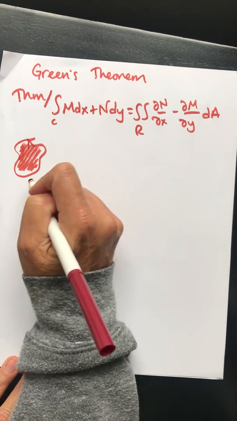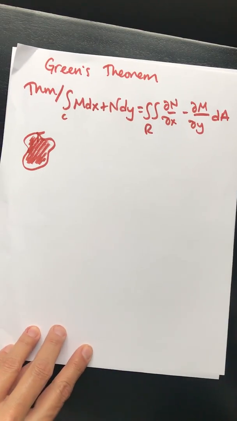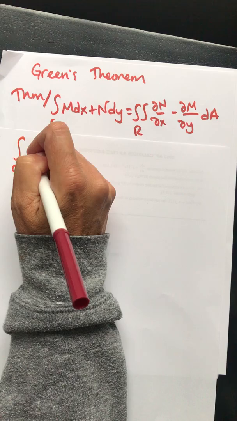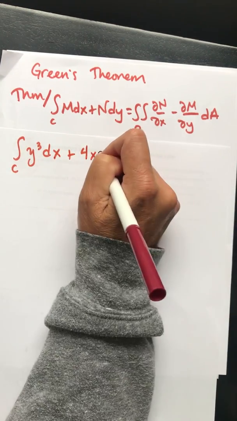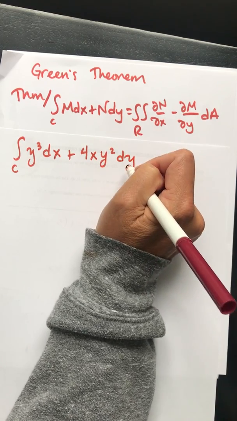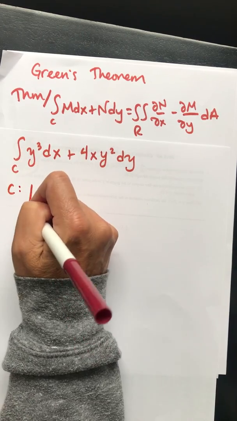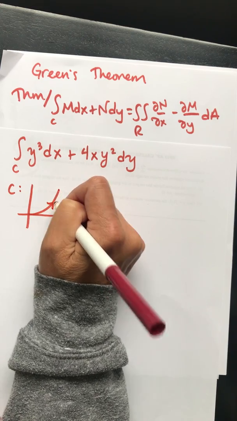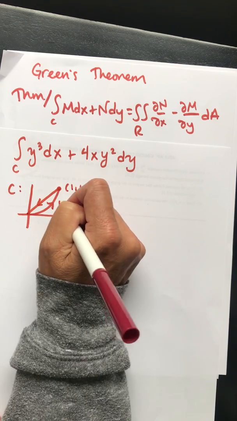So let's get a fresh piece of paper. I'm going to leave Green's theorem up here for your wonder. Let's say that I want to evaluate the line integral of y cubed dx plus 4xy squared dy. My curve is y equals x squared to (1, 1), and back along y equals x.